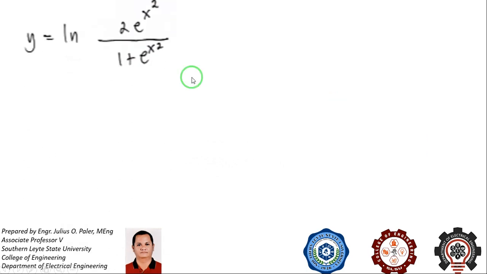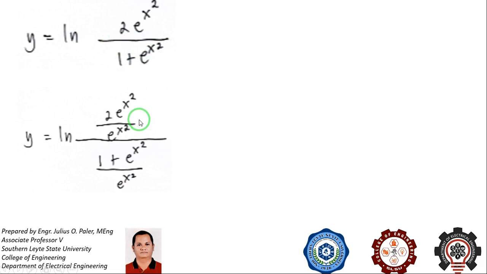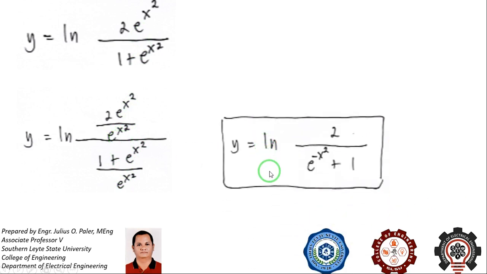So our equation is now reduced to y equal to ln of 2e raised to x squared all over 1 plus e to the x squared. Now, if we divide both numerator and denominator of the right side of the equation by e to the x squared, then we get our final answer, which is y equal to ln of 2 all over e to the negative x squared plus 1, which is similar to that of the book.